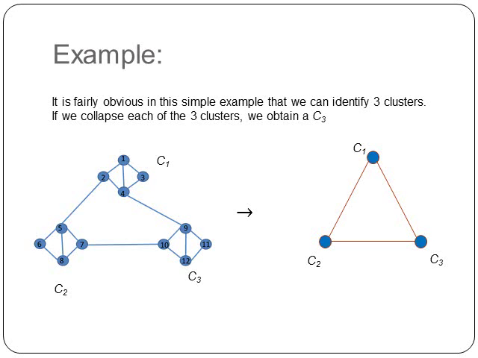So here's a simple example. This is a network that you had in a previous homework exercise, and it's fairly easy to see that we have 3 clusters. So as a simple example, what we could say is we'll reduce each of the 3 clusters into a single vertex, and then we will connect the corresponding vertices if there exists an edge between those.